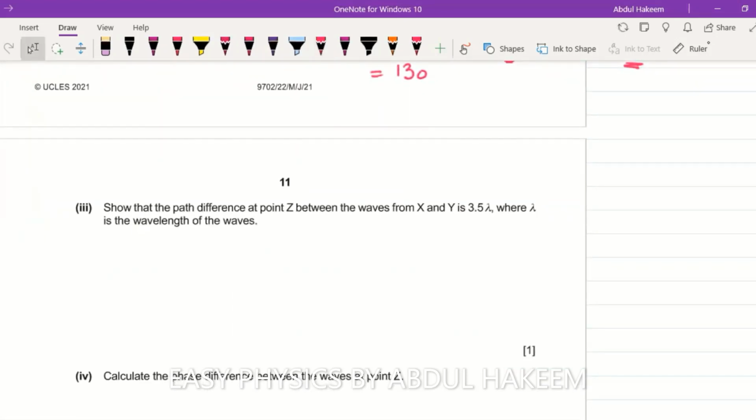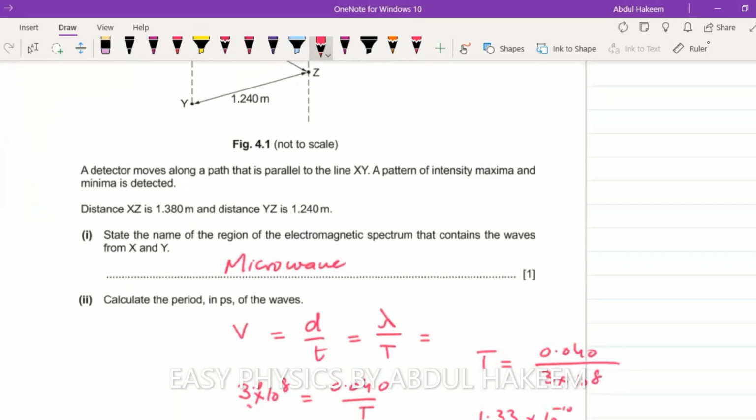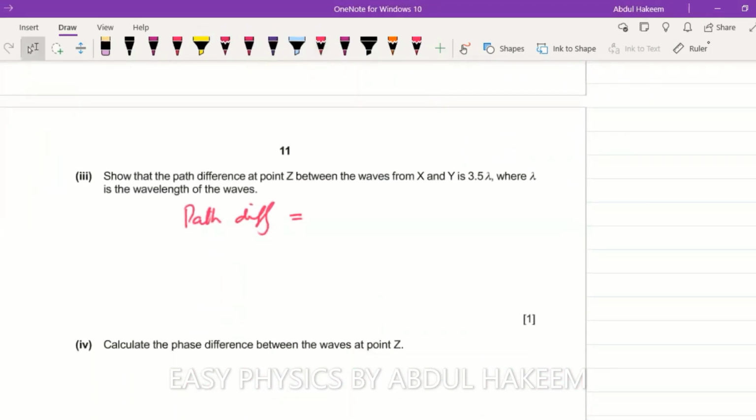Next, show that the path difference at Z between the waves from X and Y is 3.5 lambda. First, we have to calculate the path difference. The path difference means the difference in the distances covered by the two waves, 1.38 and 1.24. So it is 1.380 minus 1.240.